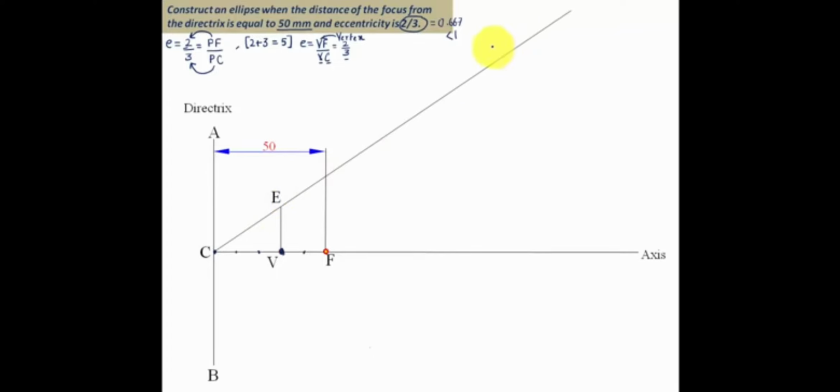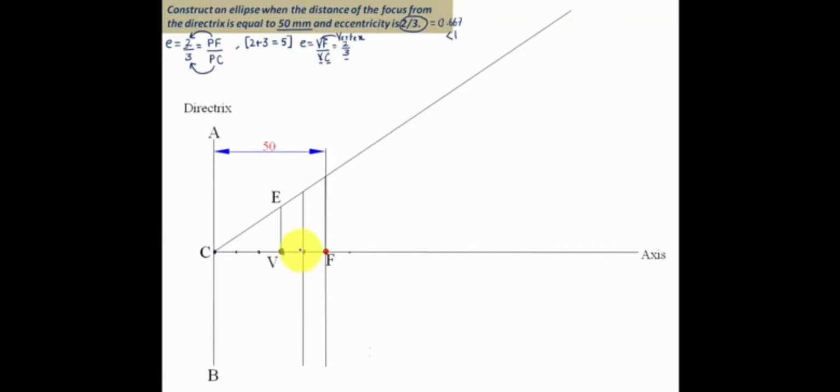a slanting line. Now we need to divide this axis line into equal parts. Usually we take 10 mm, 10 mm, 10 mm, right? 10 mm from V, 10 and 10. If it crosses F, that is no issue.